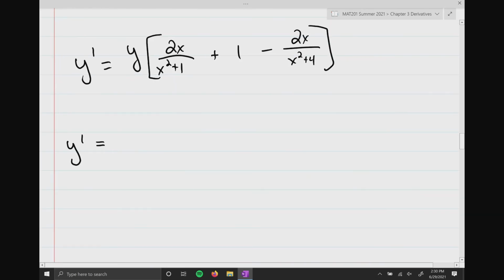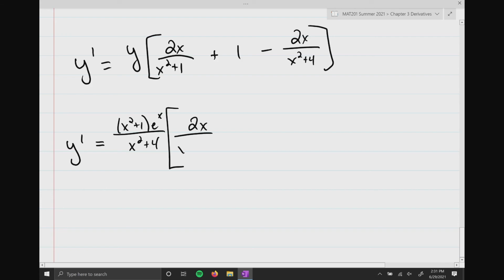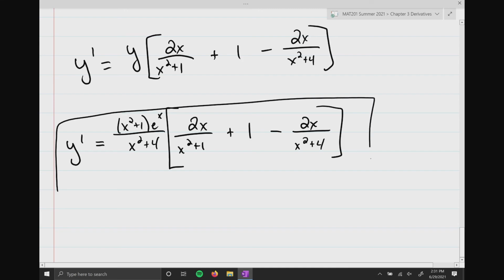So this is going to be the quantity x squared plus 1 times e to the x all over x squared plus 4, times the quantity 2x over x squared plus 1, plus 1, minus 2x over x squared plus 4. I'm going to make that look prettier. And that is our derivative.